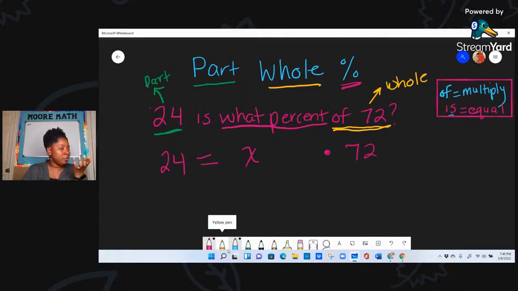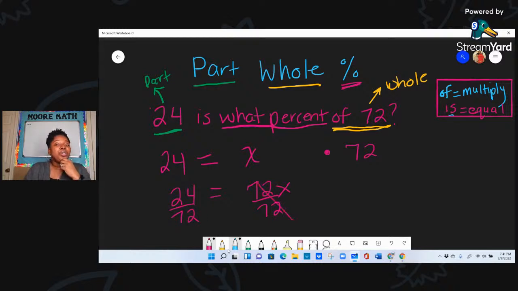So 24 equals 72 times X, or X times 72, right? How do I get rid of the 72? It's multiplied with the X. We're going to do the opposite. We're going to divide both sides by 72.